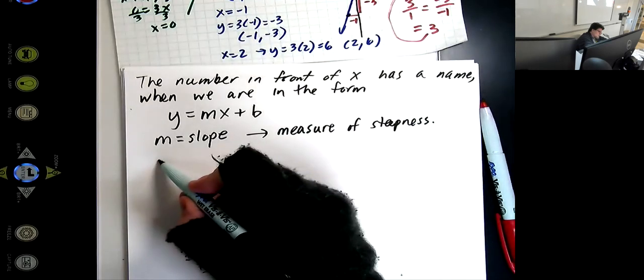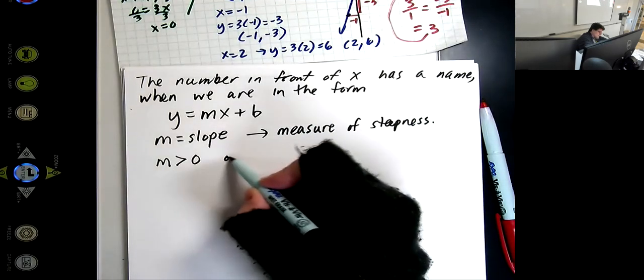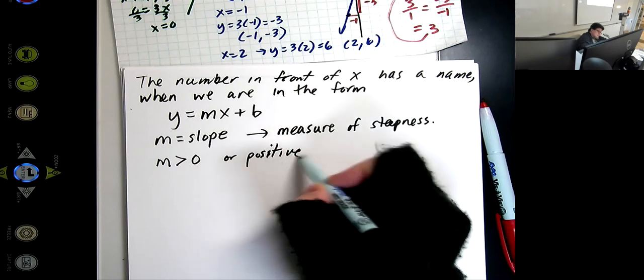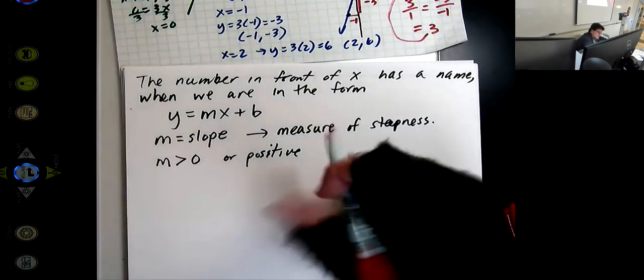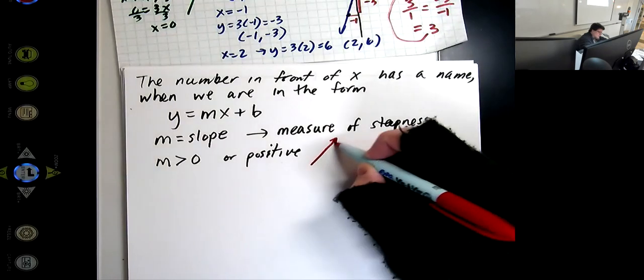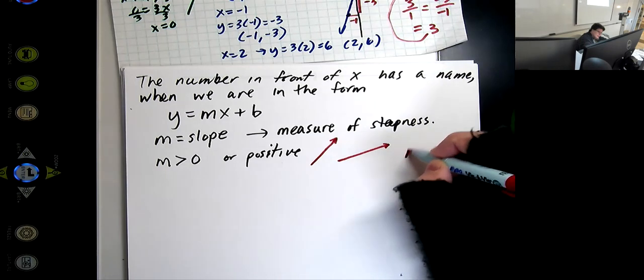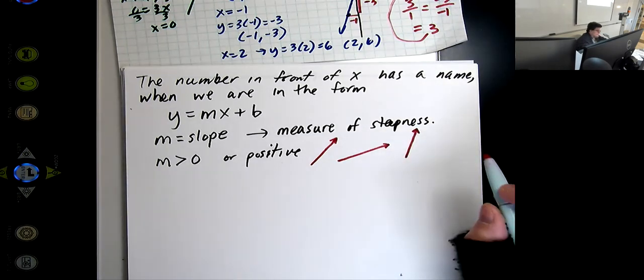If m is greater than 0 or positive, the line goes up as we go from left to right. It might not go up a lot, or it might go up an awful lot.